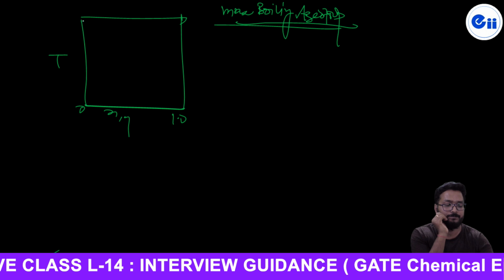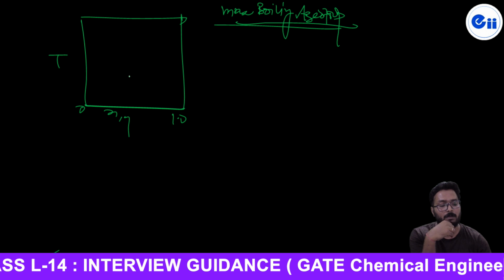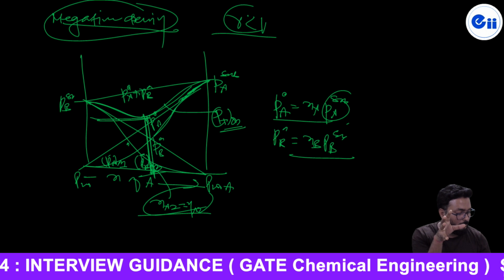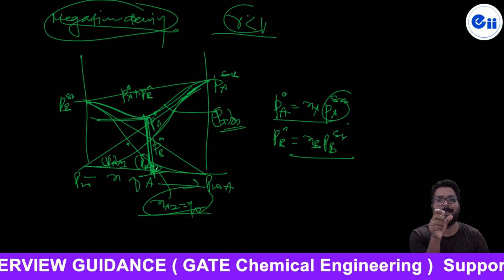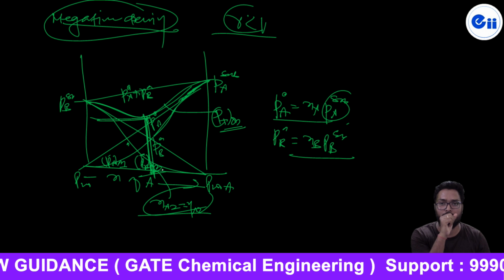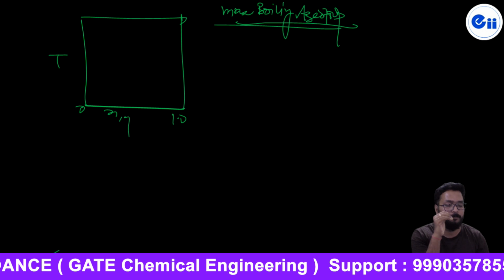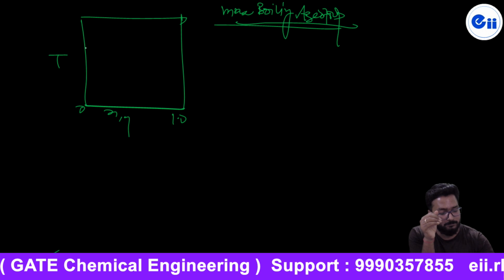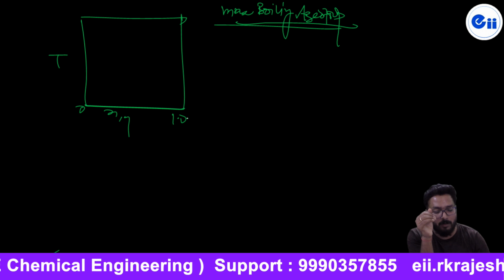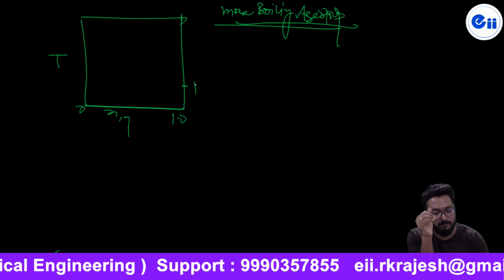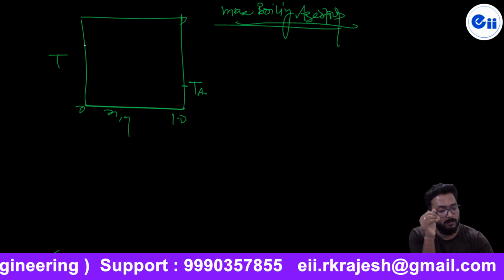Okay, listen, in the case of maximum boiling azeotrope, since the total vapor pressure is found to be minimum at some certain composition called azeotropic composition, hence the boiling point is found to be maximum. So let's say here, this is pure A, then the boiling point of A is here, T of A, and here is T of B.